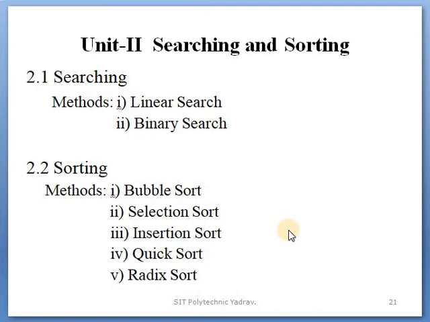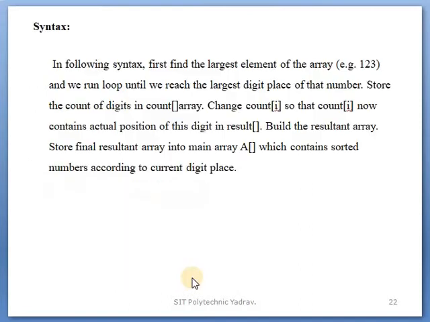So we start continuing the points under radix sort. Syntax: in the following syntax, first find the largest element of the array, for example 123, and we run a loop until we reach the largest digit place of the numbers.